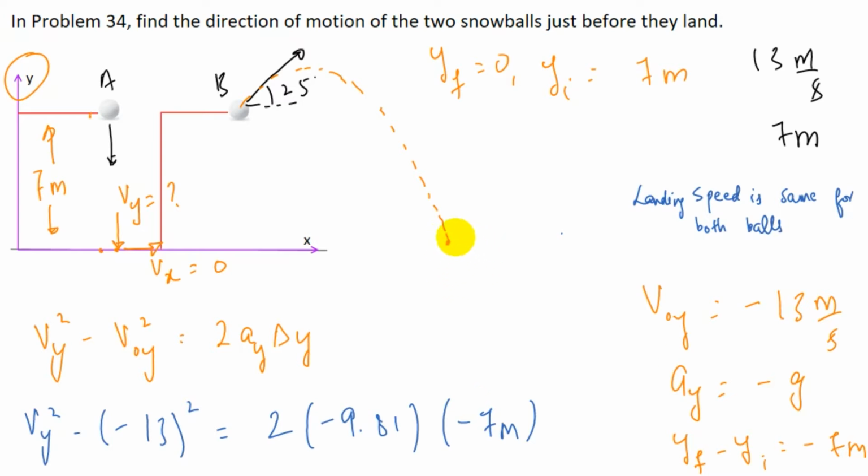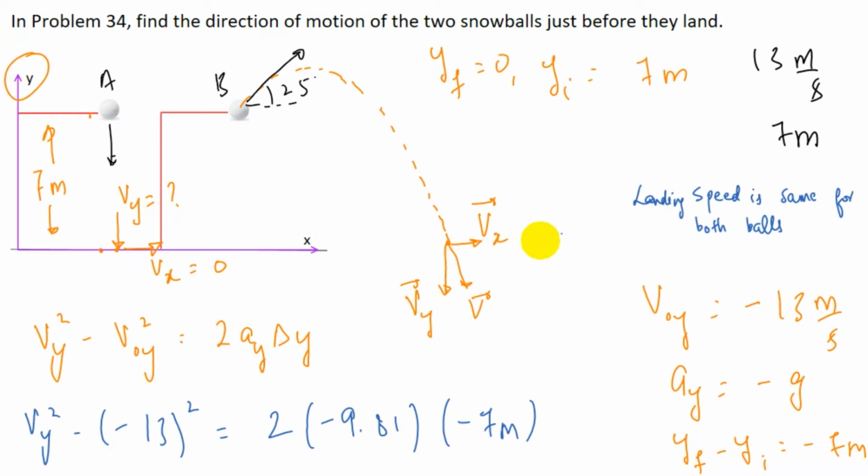Here it will have two components of velocity, one in the horizontal direction, Vx, and another in the vertical direction, Vy. Now let's find out these values, Vx and Vy.